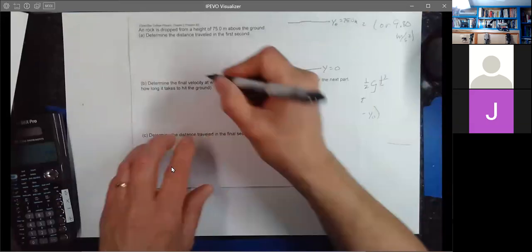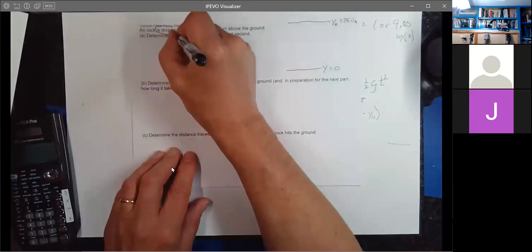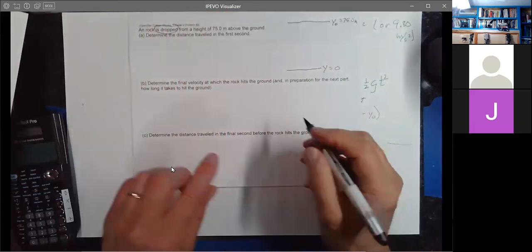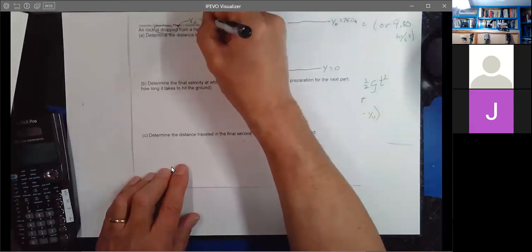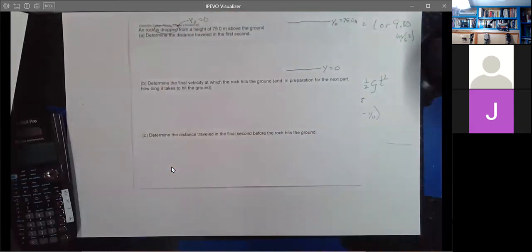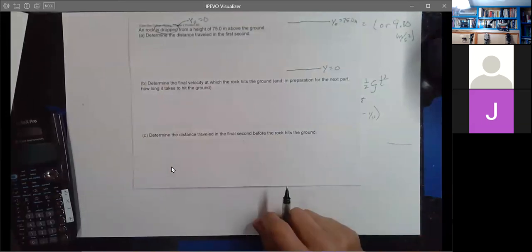Now, other bits of key information, it is dropped. So that tells me that v naught is 0. Okay, it's not thrown down, it's just let go of. So I have that.